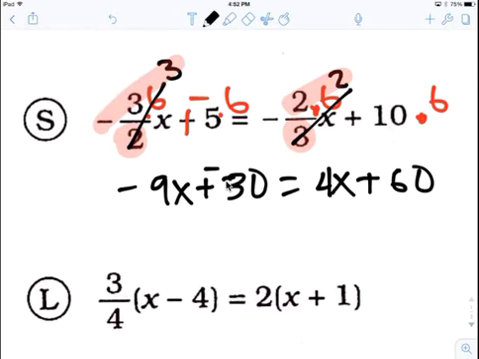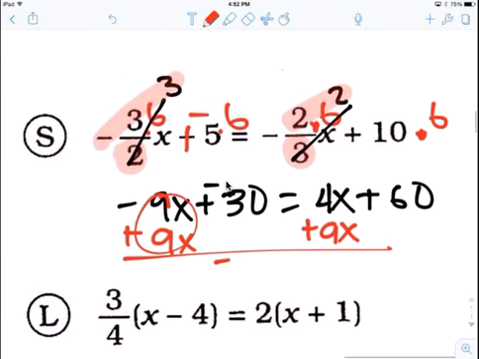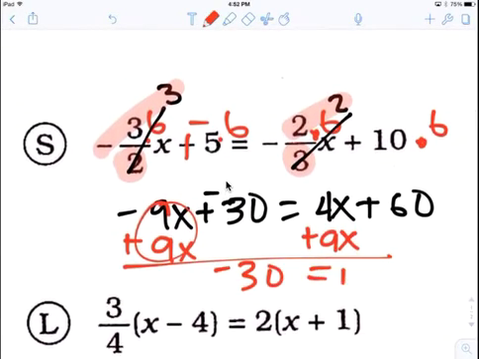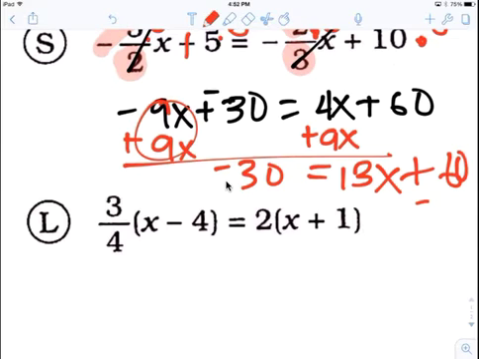Make 0 to the smallest coefficient, or the number next to the variable. The smallest is -9x, so you add 9x. 0 plus -30 is -30. Then make 0 to the 60, so you minus 60.